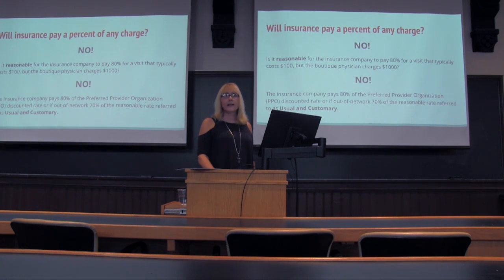Now again, this would be an out-of-network doctor. Then the Premier plan would pay 80% of that $100, or no, 70%, excuse me, and you would be responsible for the 30% and anything over and above that. But you got to see the boutique doctor, so there might have been some benefit in that.